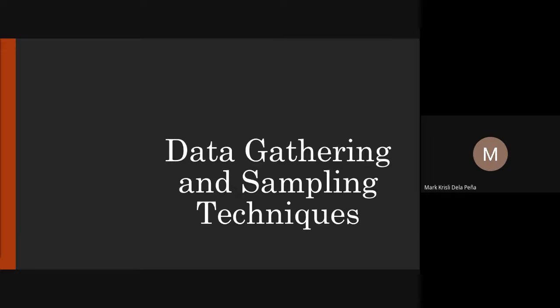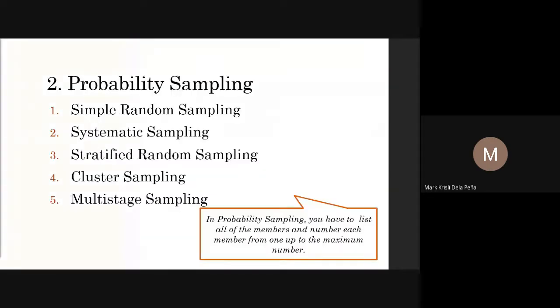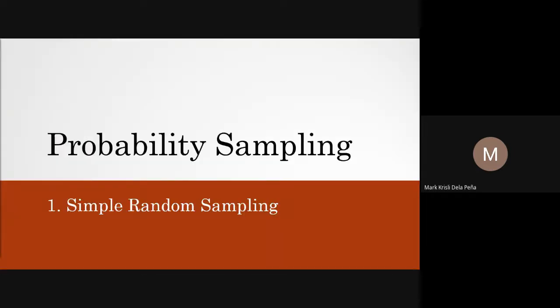I presented three of them, which include convenience sampling, quota sampling, and purposive sampling. In this video, we will be discussing the different probability sampling techniques, which include simple random, systematic, stratified random, cluster, and multi-stage sampling. Now let's start with the simple random sampling techniques.